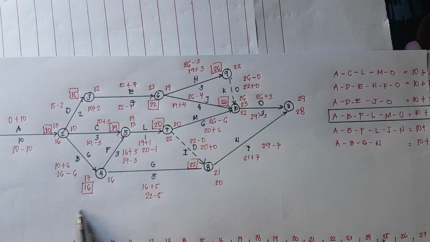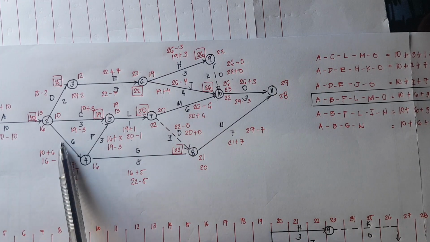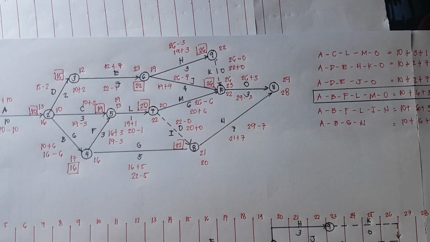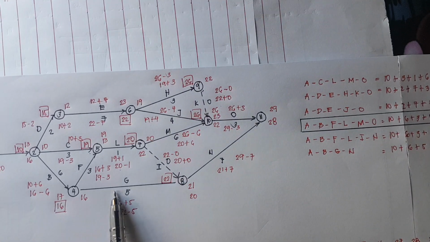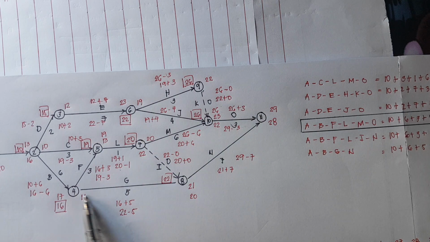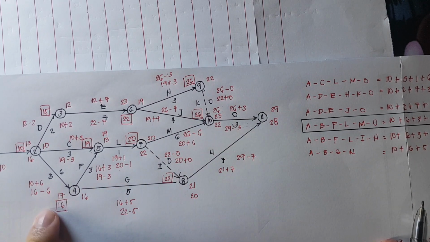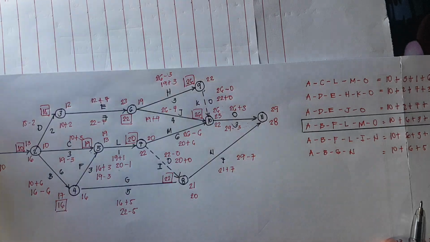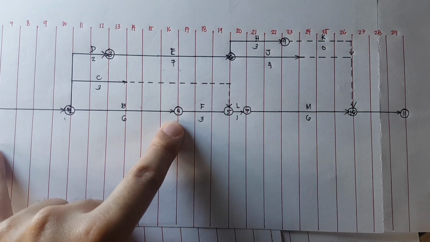Let's go with the lower part. We already plotted B and F. So what's left is G and N. So G is dependent on activity B. Activity B would be finished on the 16th day.